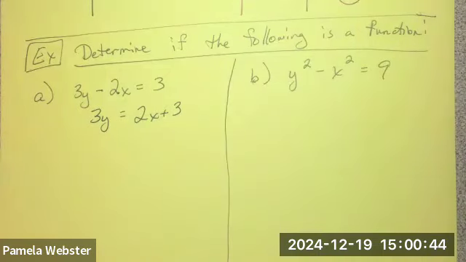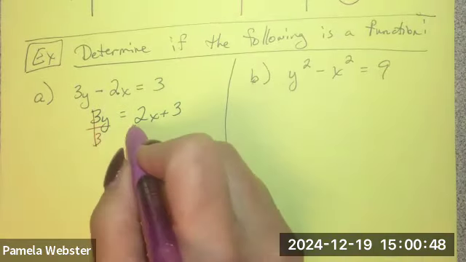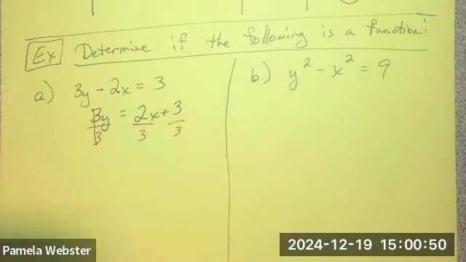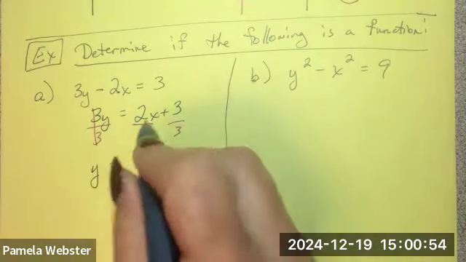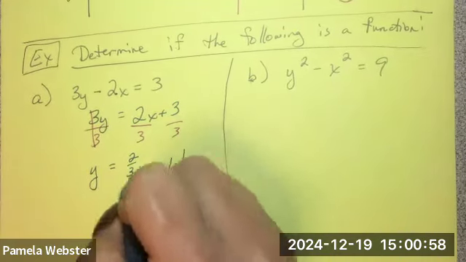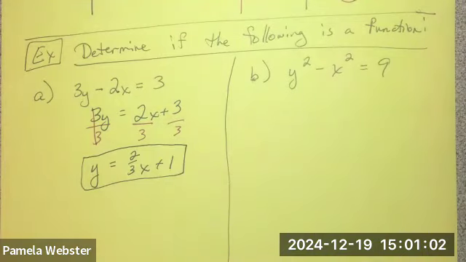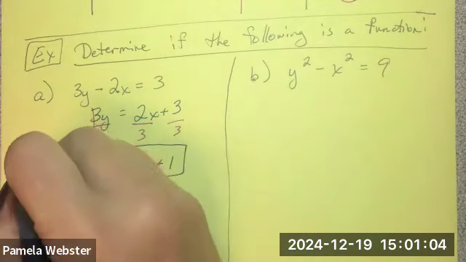Then I want y by itself, so I divide everything by 3, and I get y equals 2/3 x plus 1. That's just rearranging to solve for y, so that's my first step.